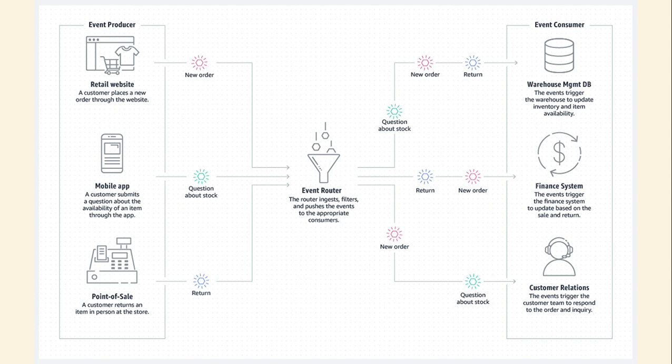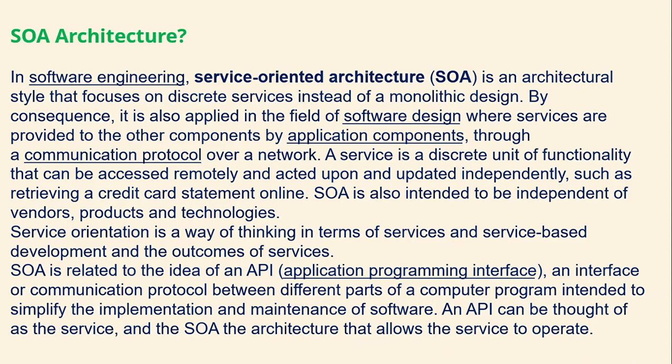All these are managed through the event routes, and they go to the respective database, system, person or server. It may be through a message queue or through an API, and it will be consumed by the event consumer. So the producer and the consumer can talk to each other with the help of this architecture.